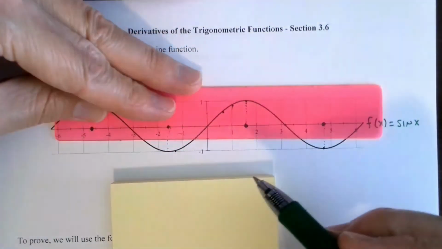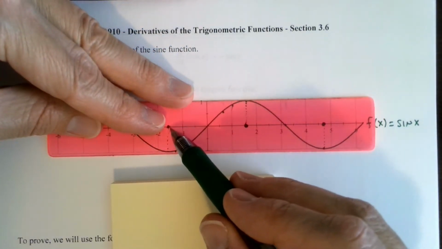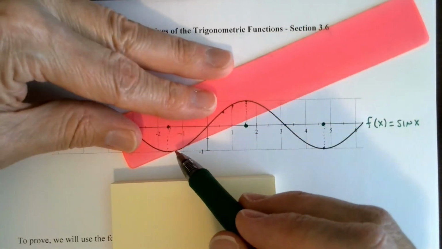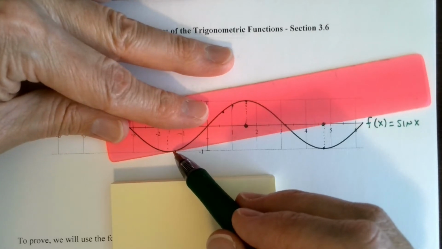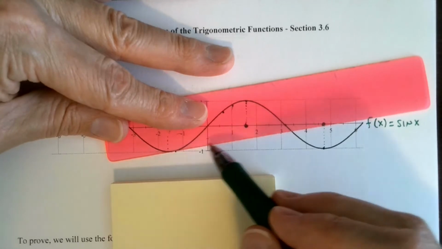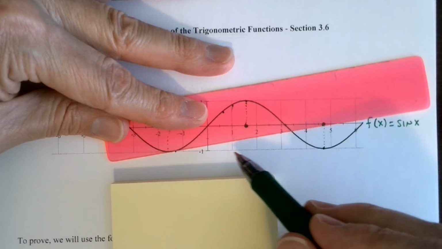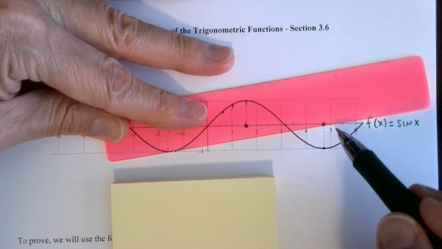Right. Now notice right at negative pi over 2, the slope is 0. If x gets a little bit larger, then the slope becomes some positive number. But initially, the slope, if we look at it, is pretty small, right? Like right here, at this point, the slope of this line, the bottom of the ruler, we're going over 1, 2, 3, 4, 5, 6, maybe 6 or 7 before we go up 1.